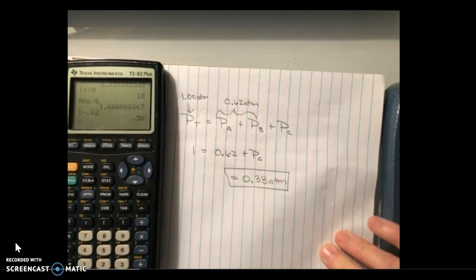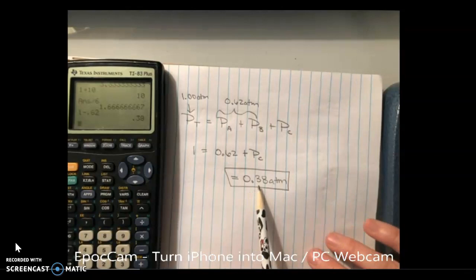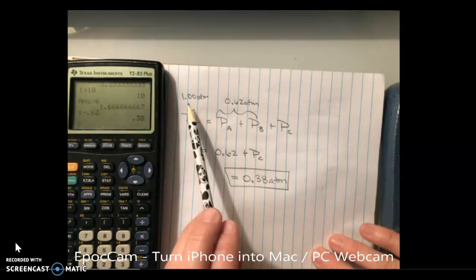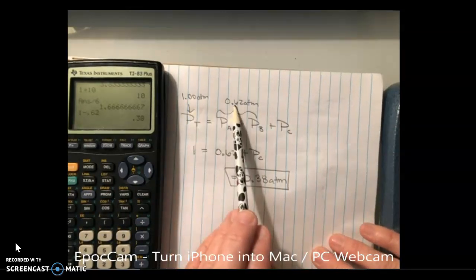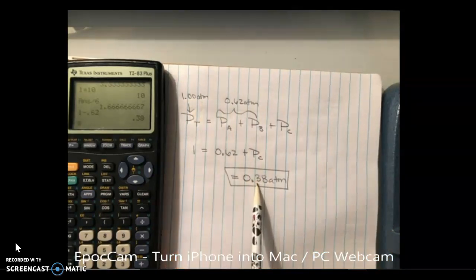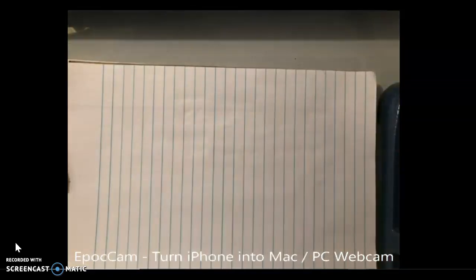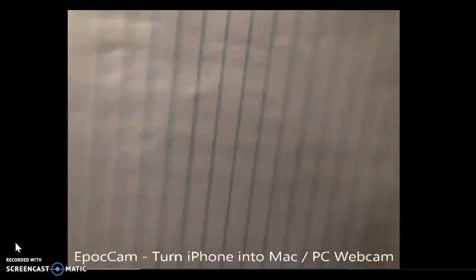Okay, and the hundredths place would be appropriate because 1.00 minus 0.62, both of those are significant to the hundredths, so our answer should be at the hundredths. So that one is pretty straightforward. And let's take a look at this last one.